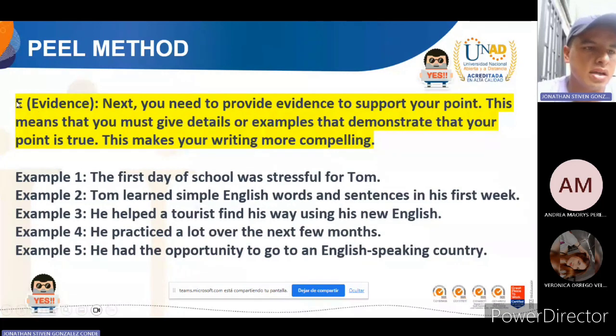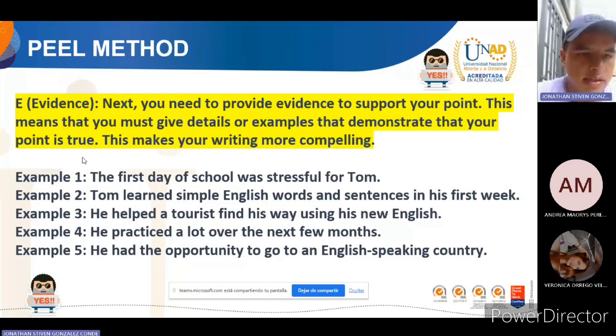Okay, this is E. The E represents evidence. Next, you need to provide evidence to support your point. This means that you must give details or examples that demonstrate that your point is true. This makes your writing more compelling. Let's see the samples, okay?